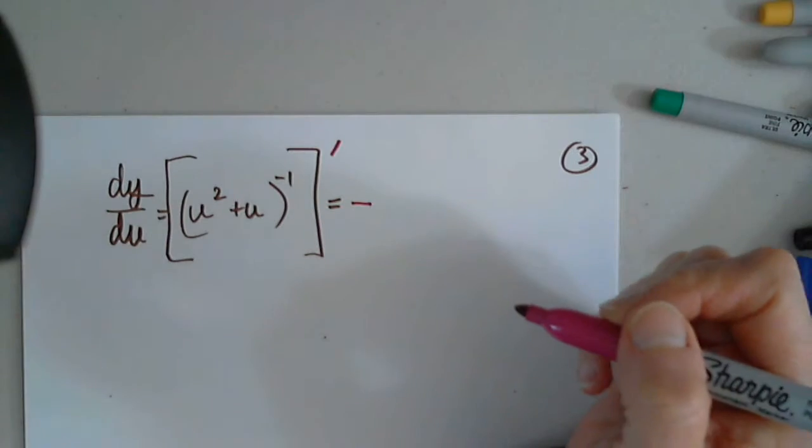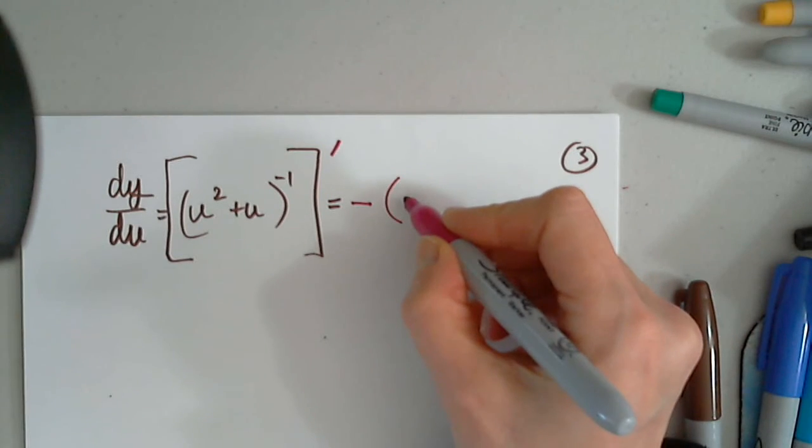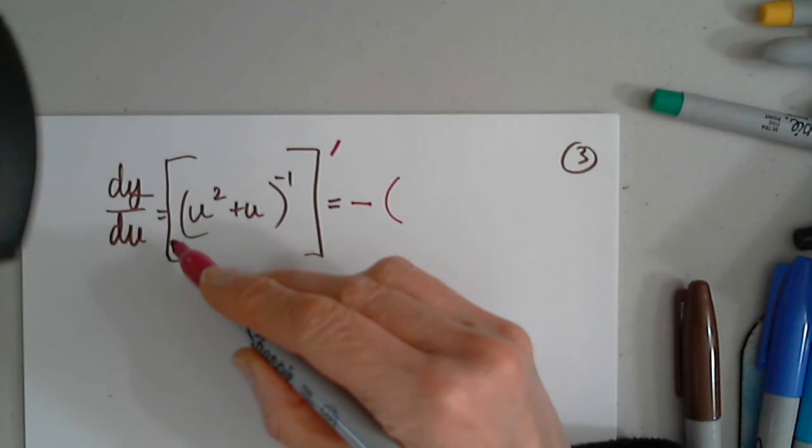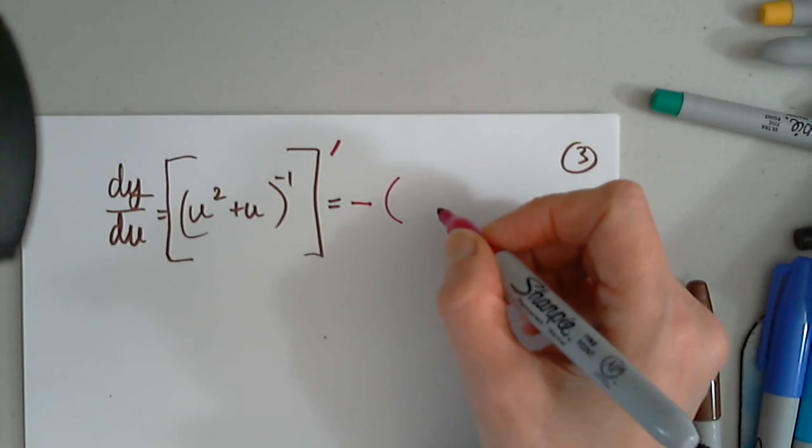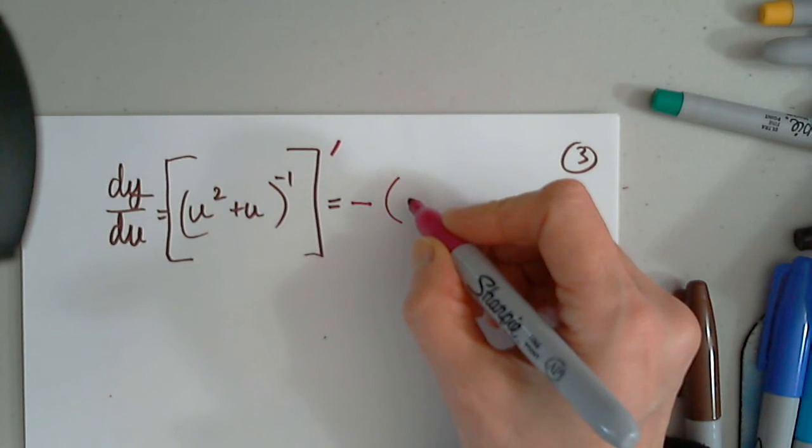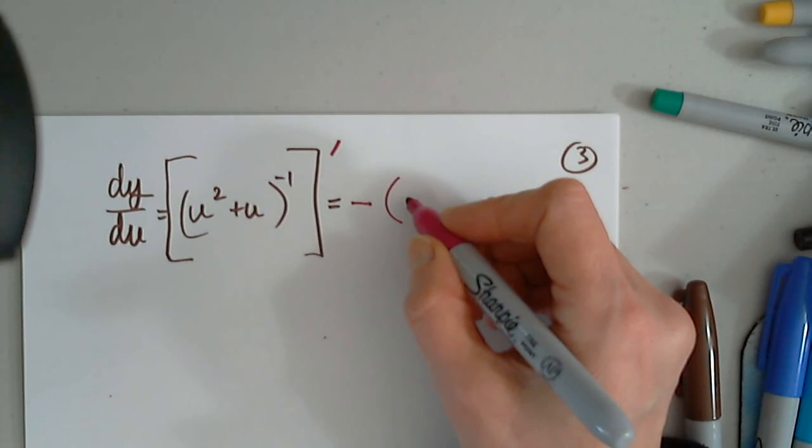Negative, and then 2u, right? So we bring down -1. What happens next? I don't know. I thought that you would find the prime for u2, so it'd be u.